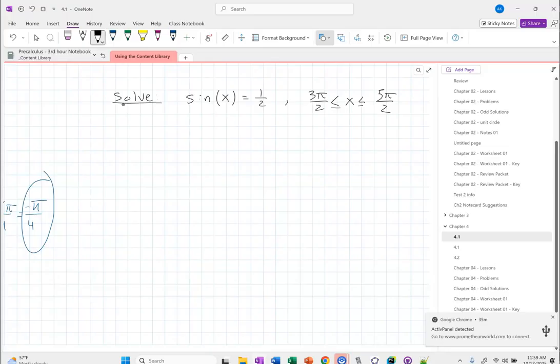So here we've changed the setup a little bit, right? I've turned this now into a solving problem. And I've told you a location which I want the answer to fall within. Why do I need that? Otherwise, this has infinitely many solutions, right?